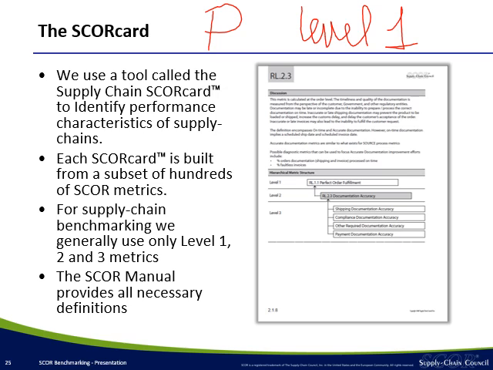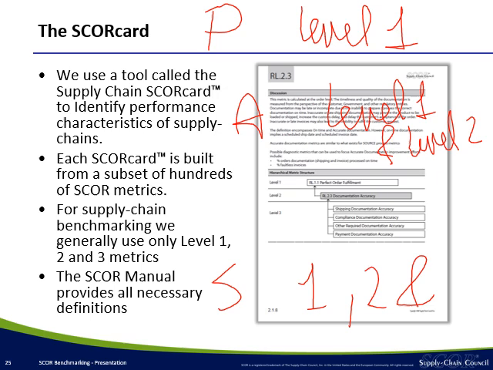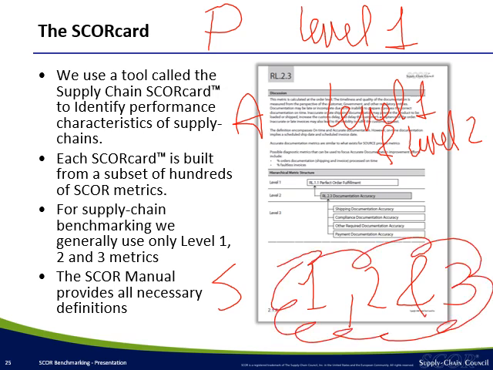If you want to have an advantage, then you need to measure level 1 and level 2. If you want to be superior, you need to measure level 1, 2, and 3. You need to measure all the details. You need to make sure that every possible step within your supply chain is good.